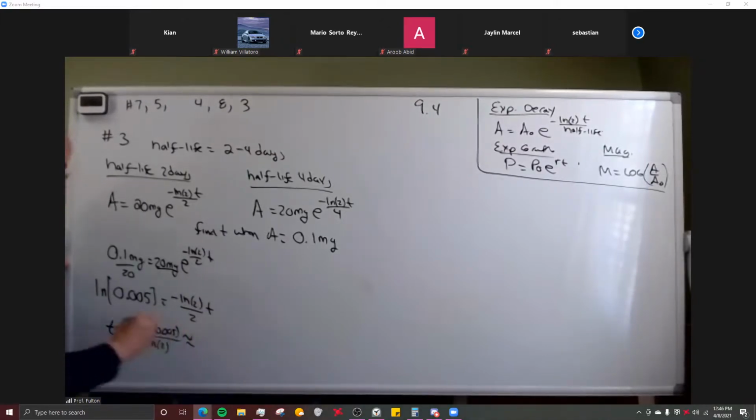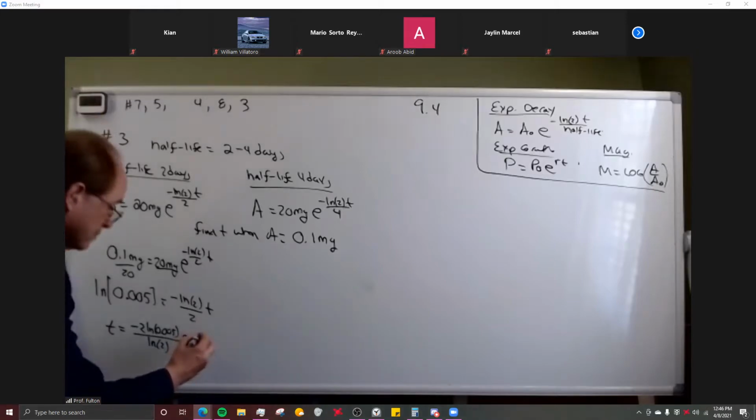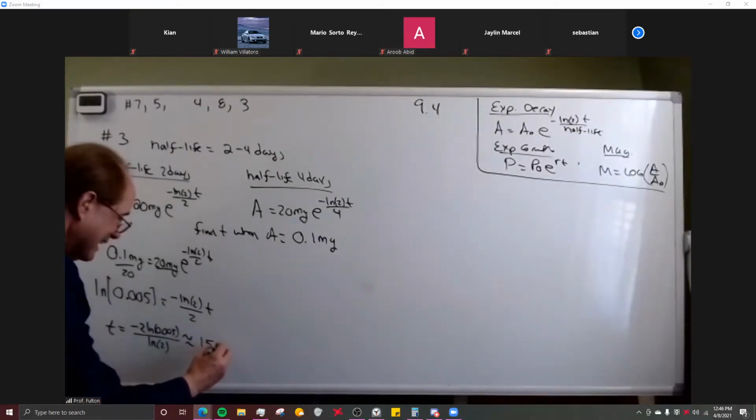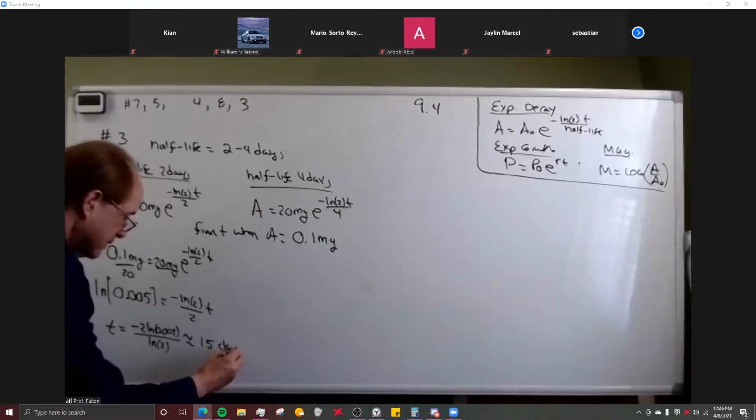If I plug that into my calculator, I end up with minus 2 natural log of 0.005 divided by the natural log of 2. And I get 15.28. So approximately 15 days.